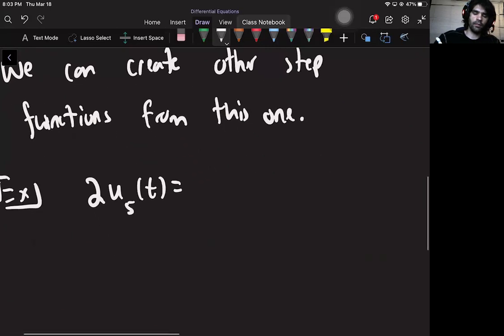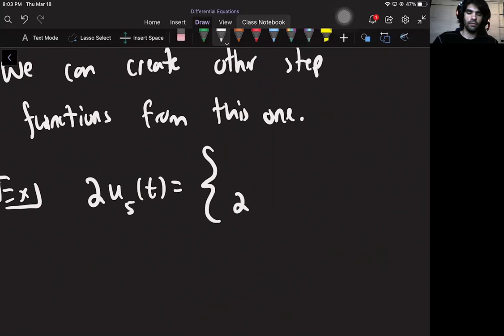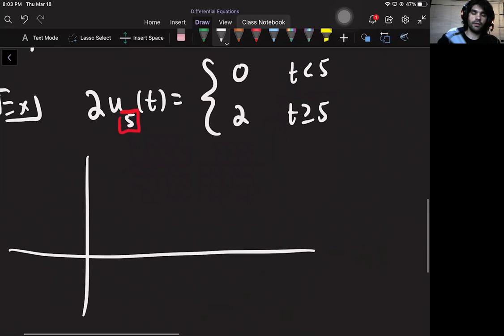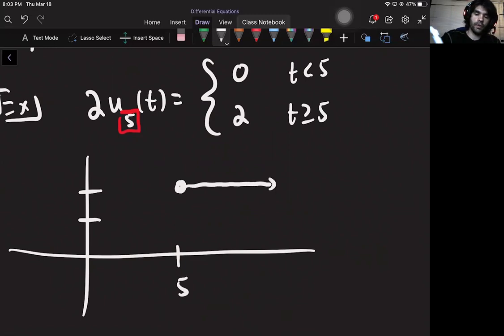Well, now when it's on, it's not just 1, it's 1 times 2. But when it's off, it's still 0. And then this 5 indicates again, when does it turn on? At 5. So before 5, it's off. After 5, it's on. And so the graph looks something like this. 1, 2. Here's 5. It's on after that, and it's off before that.